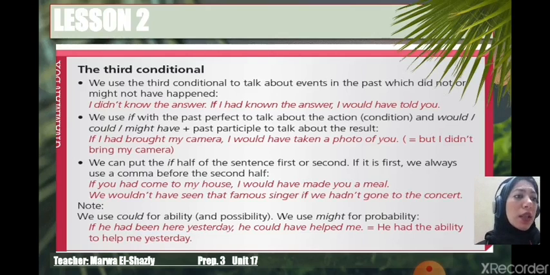Here, if I had studied hard means I didn't study hard. This is the condition, and as a result, I didn't succeed. This is the result. So, to express an impossible situation, because it cannot be changed, we use the third conditional. Okay, let's read together.